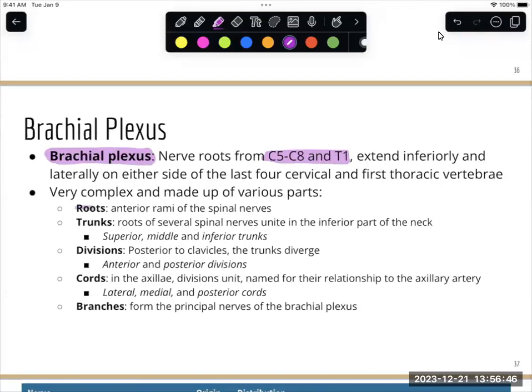We start with the roots, where each spinal nerve coming out has its own roots. So C5, C6, C7, C8, T1. They're going to connect together to form trunks. Then they're going to split apart or connect to something else to form divisions, then cords, then branches.